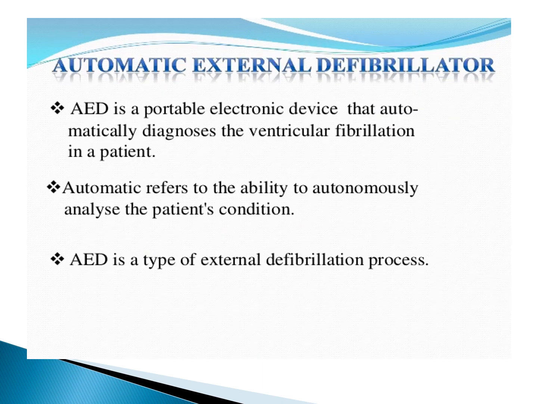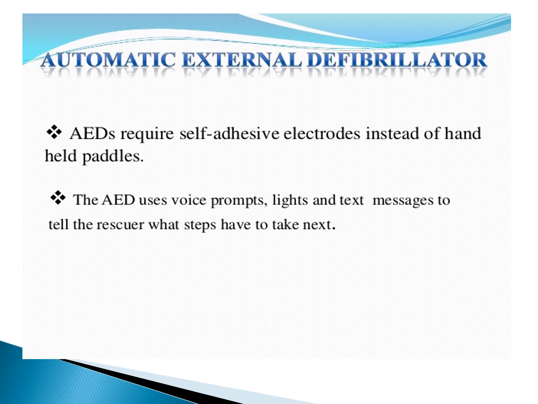And an automatic external defibrillator is a portable electronic device that automatically diagnoses ventricular fibrillation. Automatic refers to the ability to autonomously analyze the patient's condition. It is a type of external defibrillation process, and it requires self-adhesive electrodes instead of hand-held paddles.